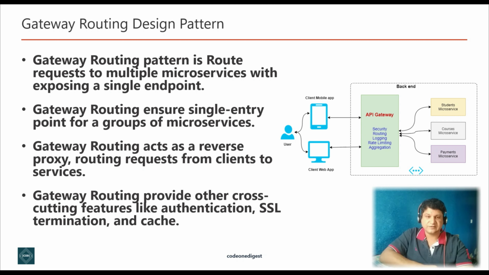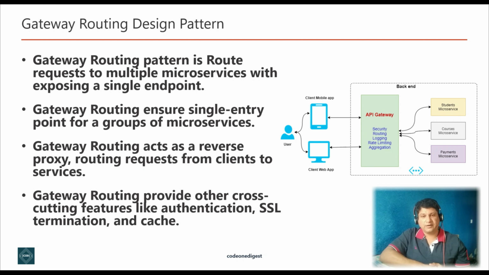Expose multiple instances of the same service on a single endpoint for load balancing and availability purposes. Expose differing versions of the same service on a single endpoint and route traffic across the different versions. Client applications only need to know about the single endpoint and communicate with it.